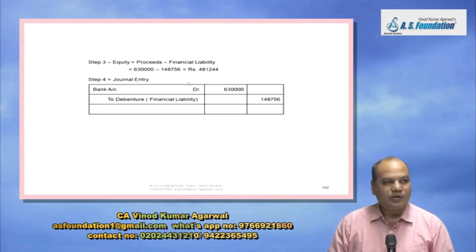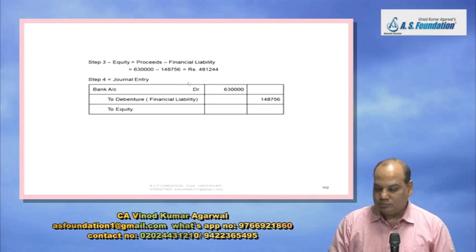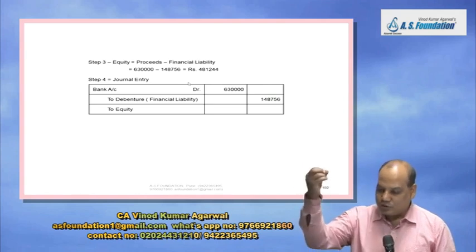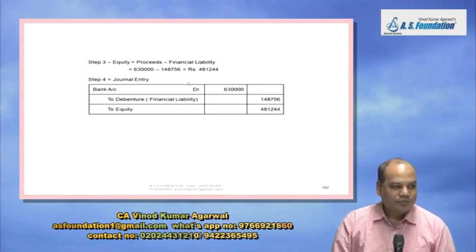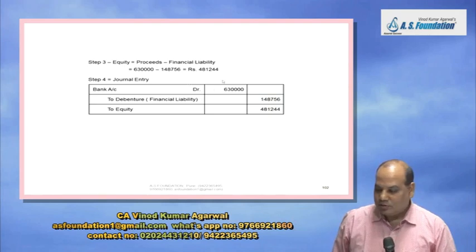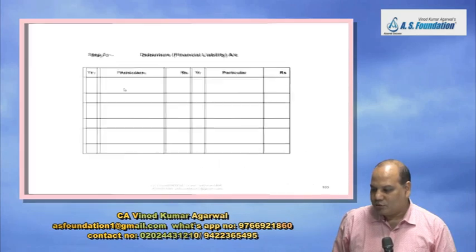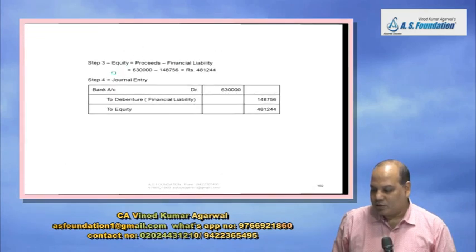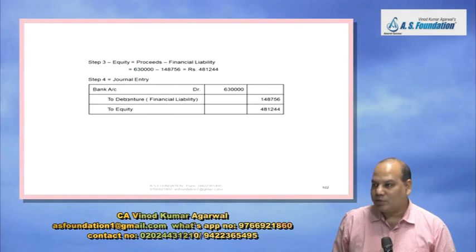Bank account debit 6,30,000. There is no entry for discount. Discount has gone in bank account only. Is it right? In basic accounts, they used to teach us bank account debit, discount account debit, to debenture account. Those days are over.